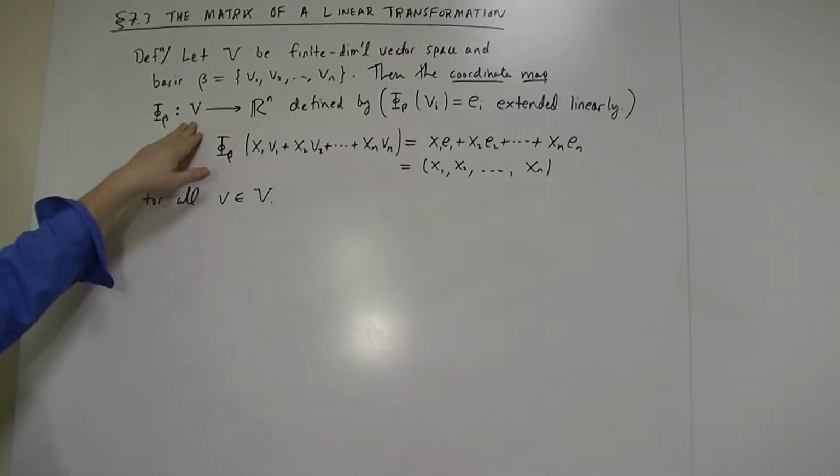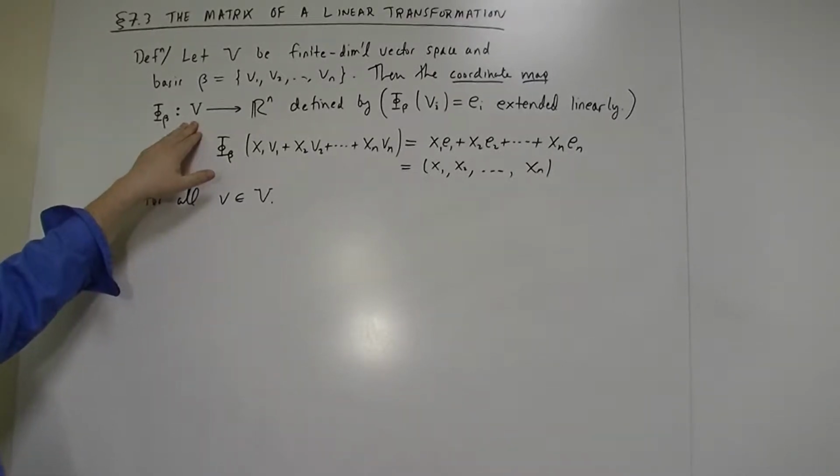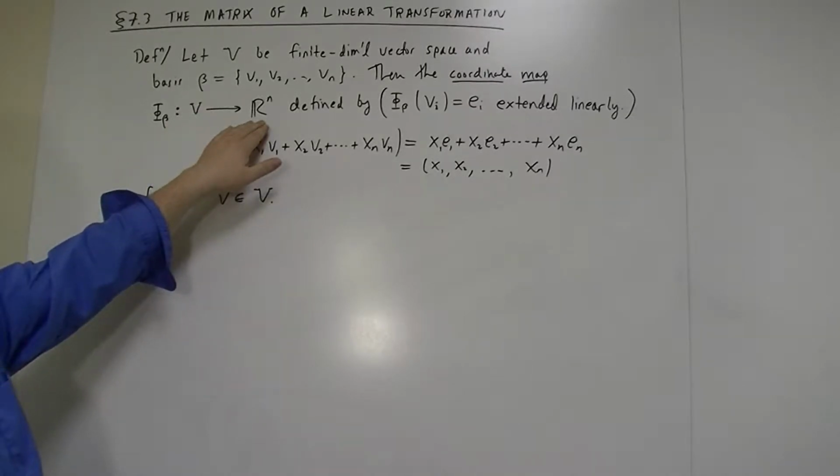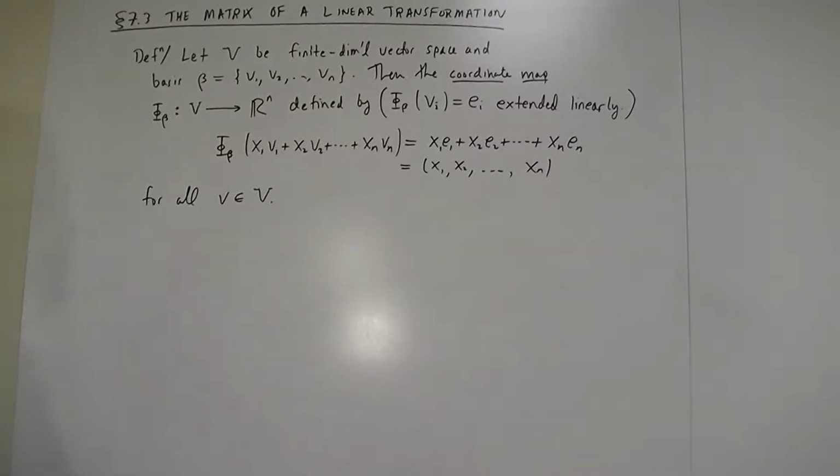Canonical means that you're saying something without respect to a basis. I mean, phi beta is sort of the height of non-canonical. It's very much with respect to a basis, right? That's kind of the whole thing. But certainly, anytime you have a basis, you can construct this coordinate map, and it gives you a way of trading the abstract vector space V for this very concrete set of column vectors, right?